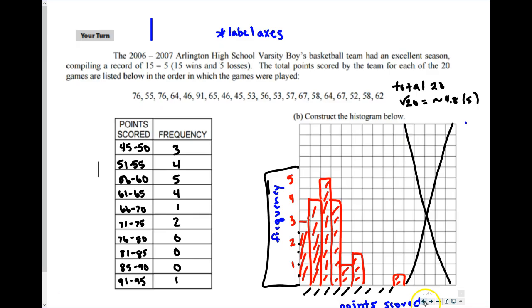If we go back to our previous data set, when I look at this histogram, the number 54 never shows up here. However, 54 falls into this range right here, but the histogram doesn't show that 54 wasn't a data point.